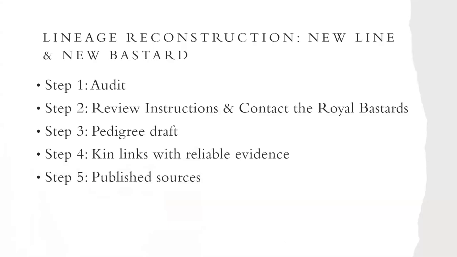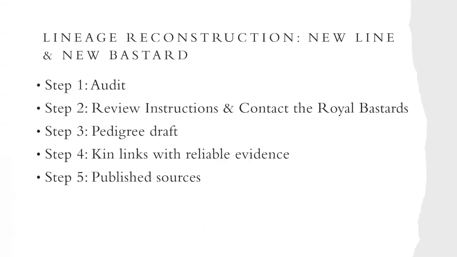So I know it was only a few slides, but I hope that I highlighted the steps I took to submit my application to the Royal Bastards. I undertook an audit of the proven and known Royal Bastards to see if there were any close to my known lineage.